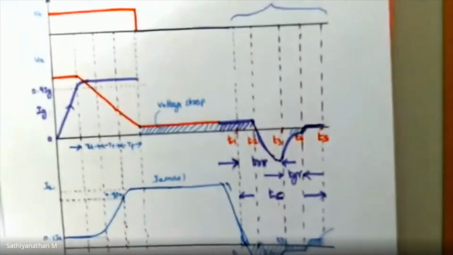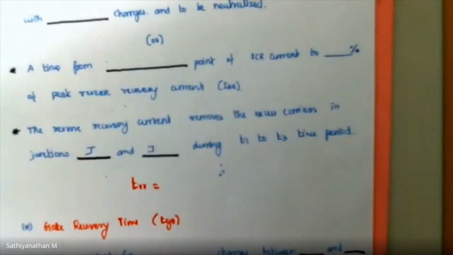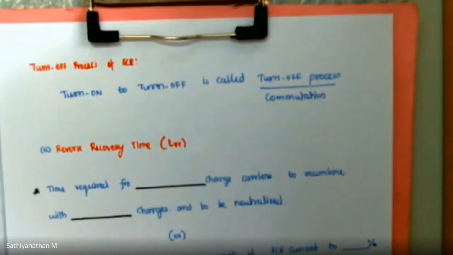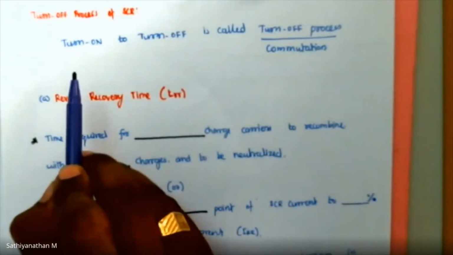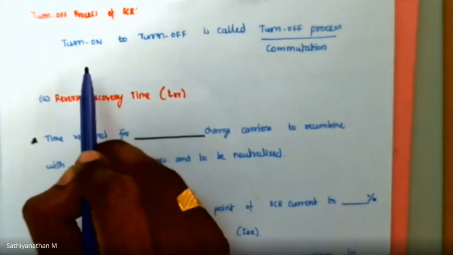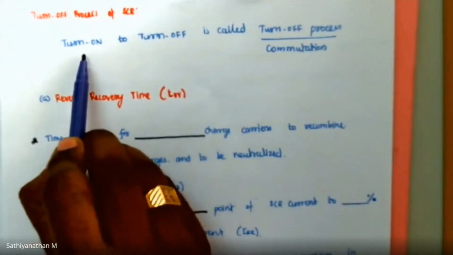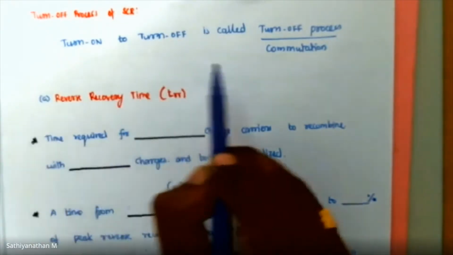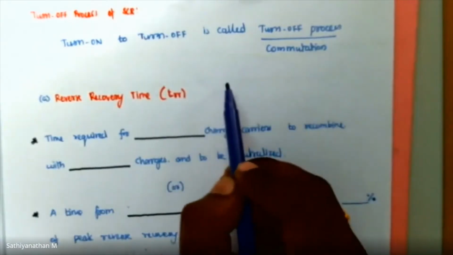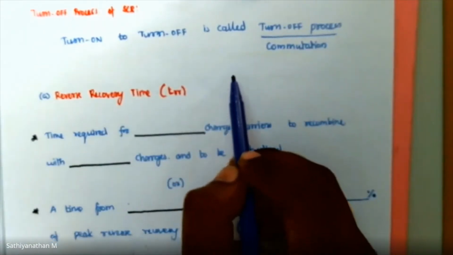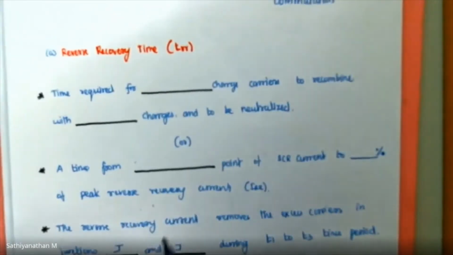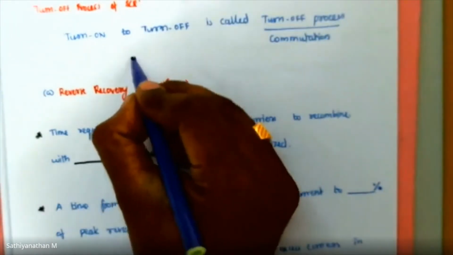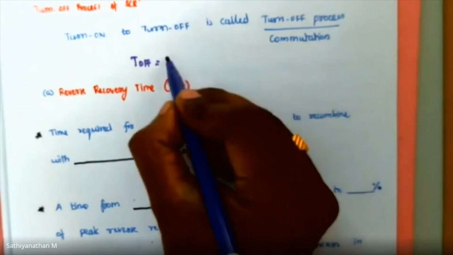So we can define one by one. The turn off process is nothing but the time taken by an SCR to go from turn on to turn off, called the turn off process or turn off time period. The entire turn off time period is split into 3 time intervals.